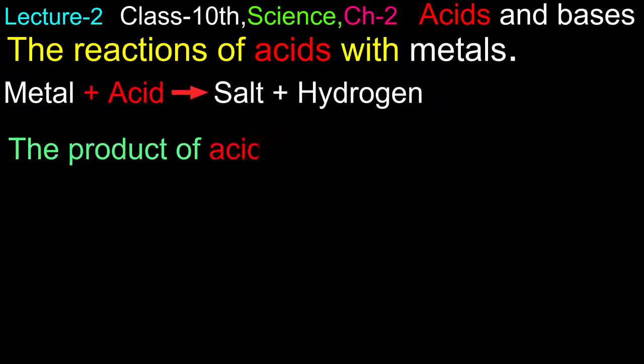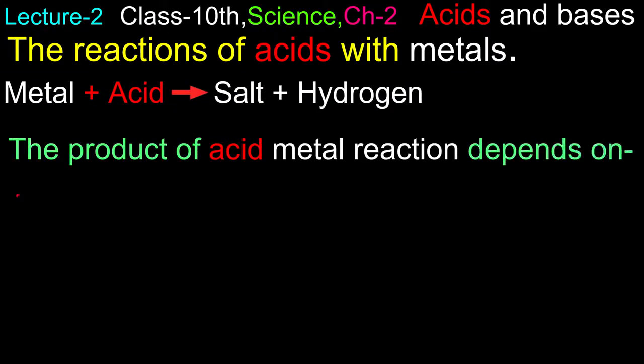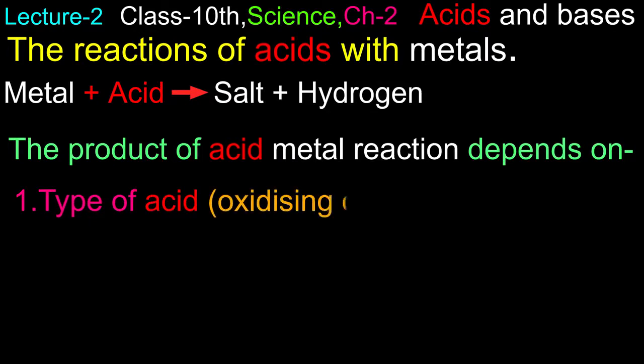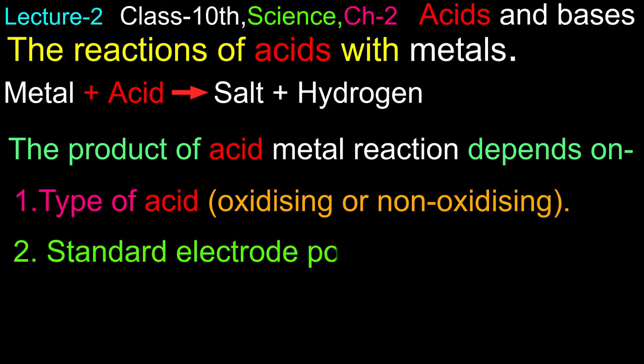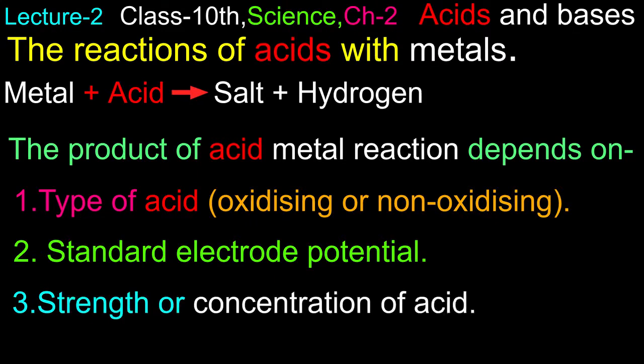The product of acid-metal reaction depends on the type of acid and activity or standard electrode potential of the metal. Means that it depends on both the strength of the acid and the type of acid and the activity or reactivity of the metal.